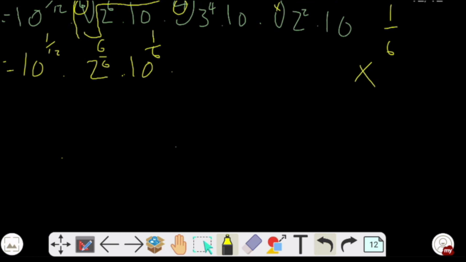And we are going to do the same with this part here, meaning we have 3 to the power of 4 over 4 times 10 to the power of 1 over 4.